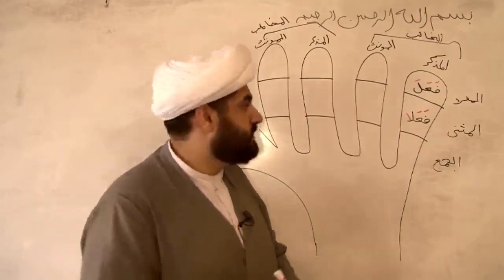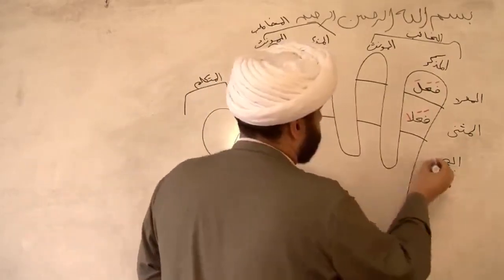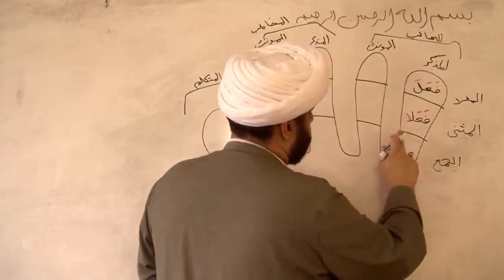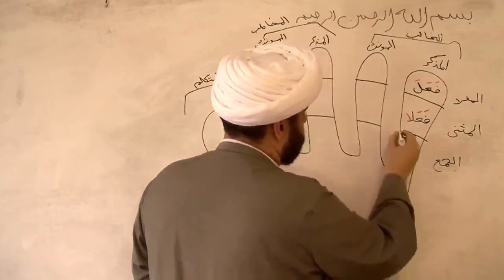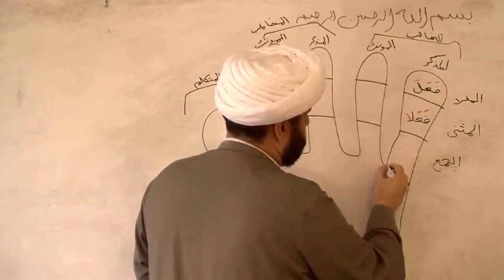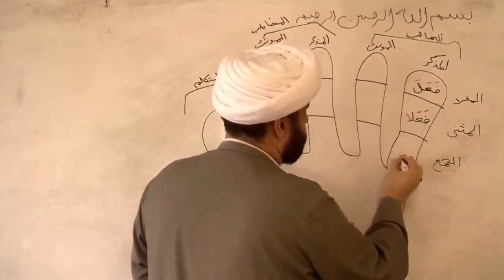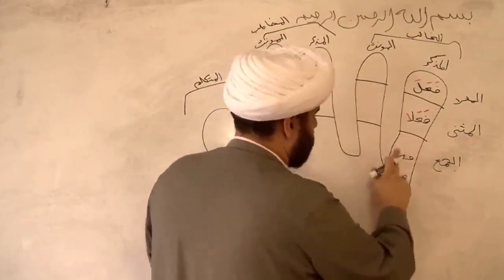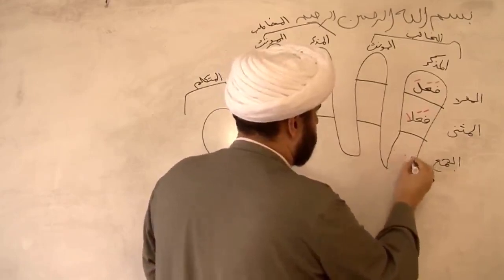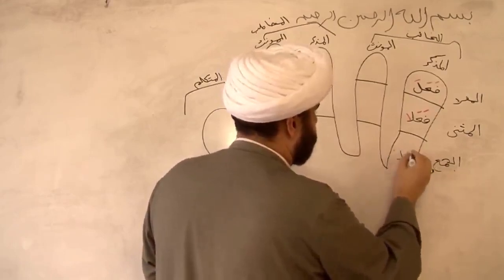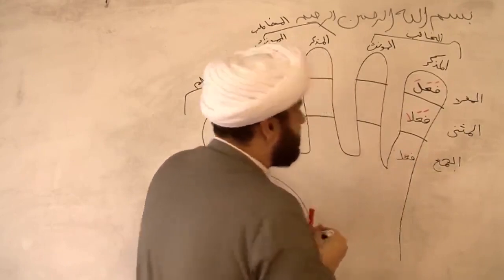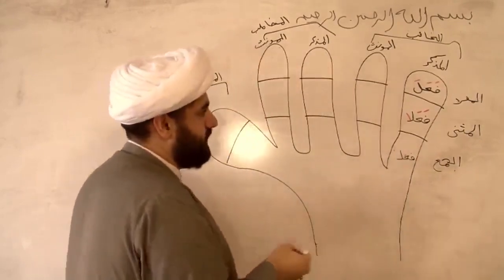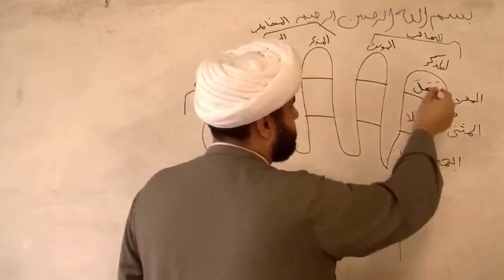So that is the way that we make the jam' al-mudhakkar al-ghaib. Let me make this a little bit bigger so it would be easier. Okay, so we have fa'alu.